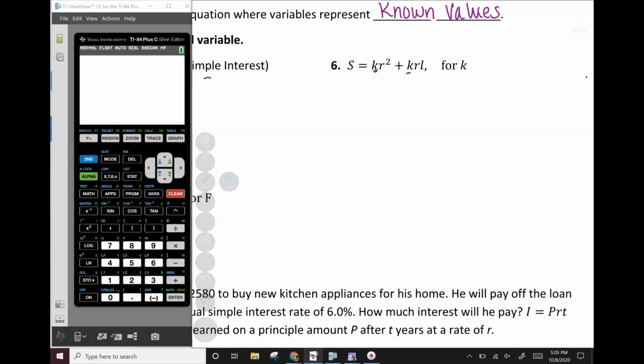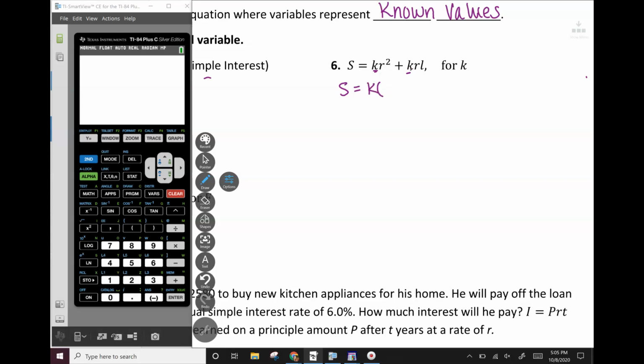So if I can factor the K out, think of it as the GCF here. Even though R is also in both, the K is what I'm focusing on. I want to get K by itself, so I need to get first just 1 K. I need to get K kind of alone.